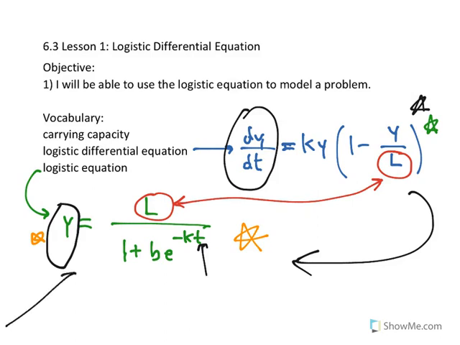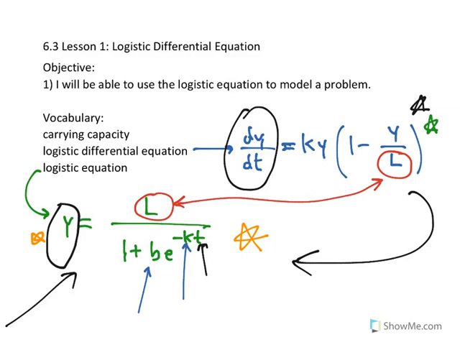The logistic equation is the general solution of the logistic differential equation, and the constants are K and B. In a particular problem, you need to use given initial conditions to find the values of the constants B and K, and when you do that, you're finding what we call the particular solution of the logistic differential equation, satisfying the given initial conditions.